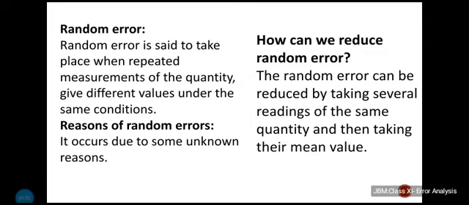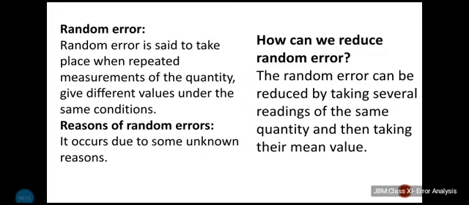Let us first of all study about random errors. The random errors are those errors which occur irregularly and hence are random with respect to sign and size. These can arise due to random and unpredictable fluctuations in experimental conditions.